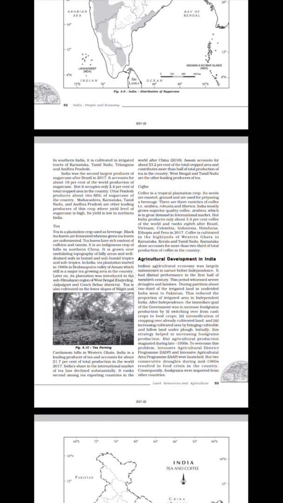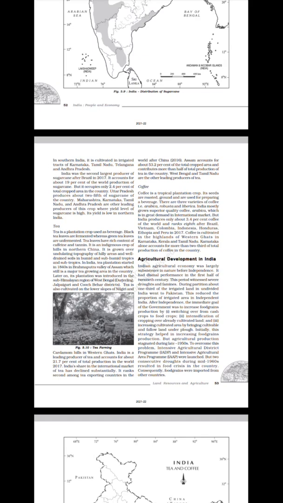But India produces only about 3.7% of the coffee of the world and ranks 7th after Brazil, Vietnam, Colombia, Indonesia, Ethiopia, and Honduras in 2016. Coffee is cultivated in the highlands of Western Ghats in Karnataka, Kerala, and Tamil Nadu. Karnataka alone accounts for more than two-thirds of total production of coffee in the country.